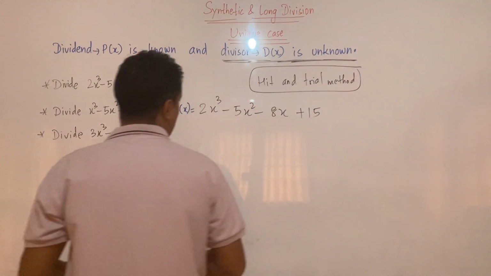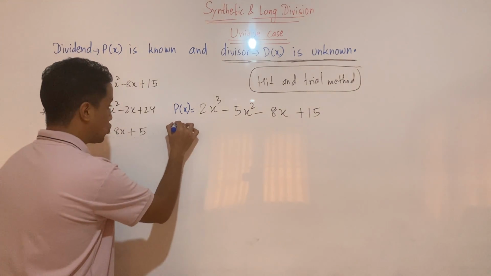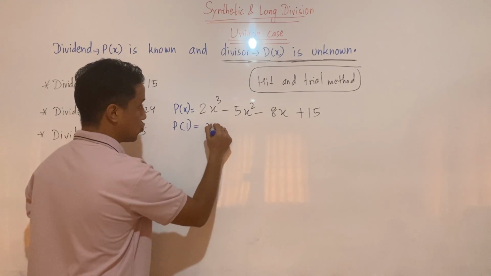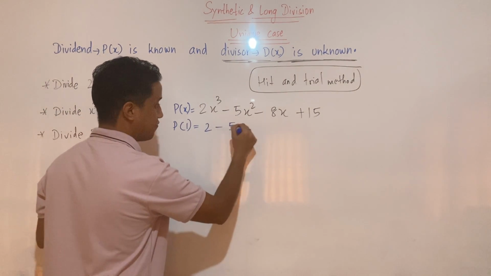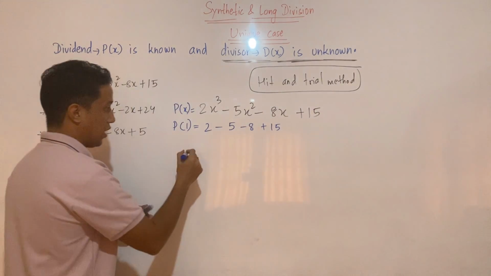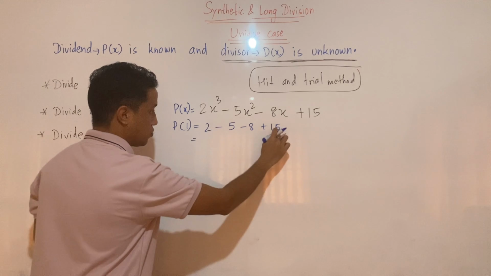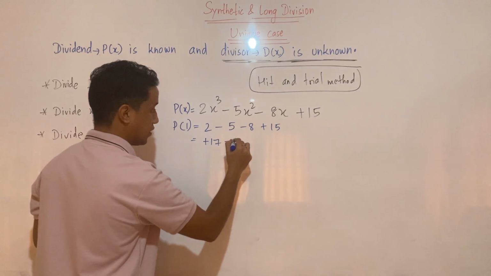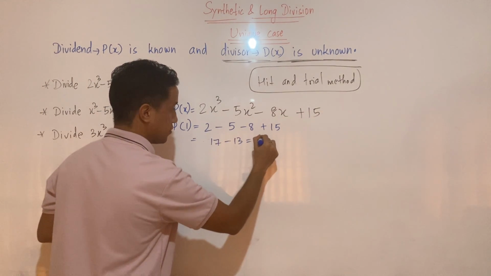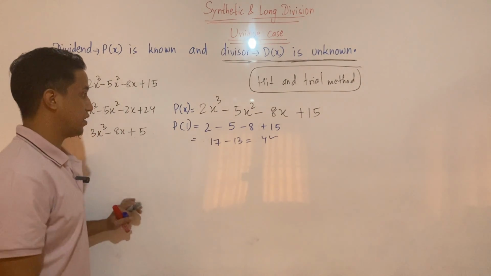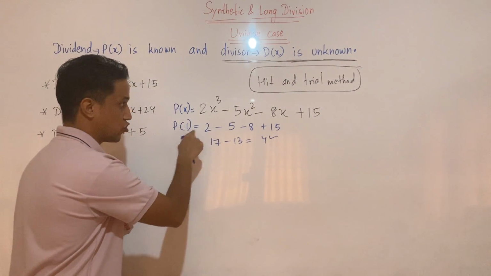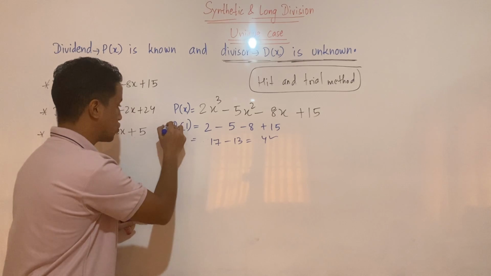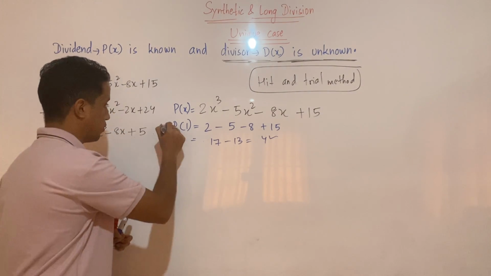Let me check with x equals 1. The expression is 2 multiplied by 1 minus 5 minus 8 plus 15, which is positive 2, plus 15 is positive 17, minus 13, which is 4. This is not 0, which means x minus 1 is not a factor of this polynomial and cannot behave as a divisor, so rule out this possibility.